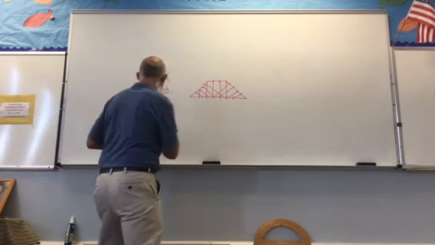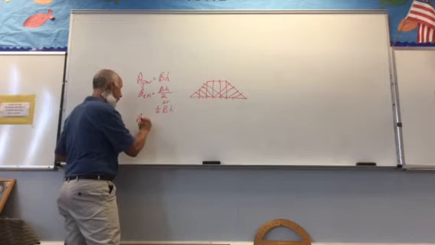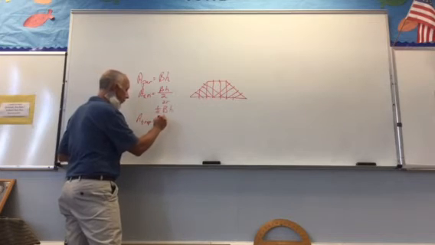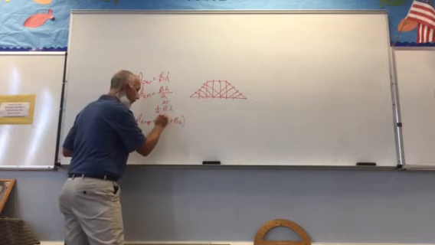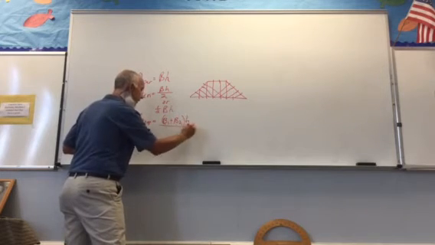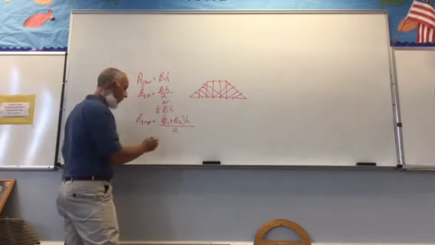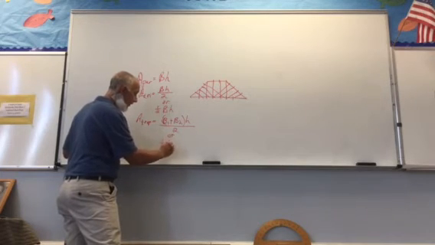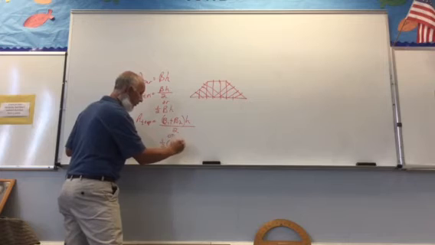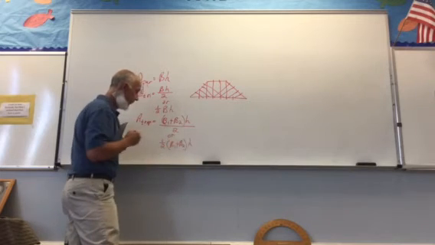So the formula for the area of a trapezoid comes out to equal base 1 plus base 2 times the height divided by 2. Or, again, I've seen it written 1/2 the sum of base 1 and base 2 times the height.